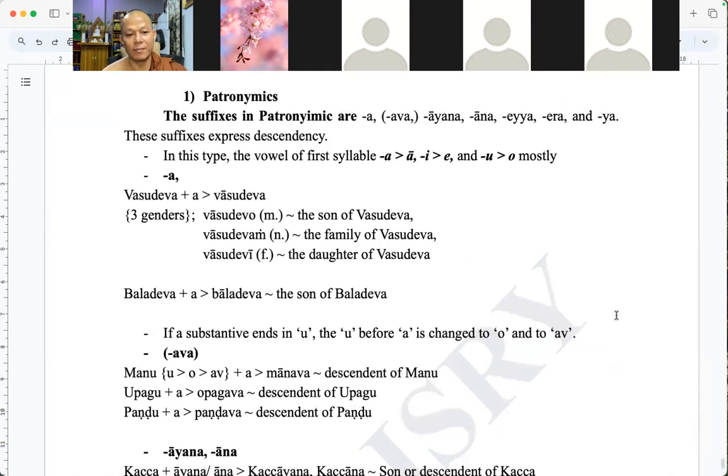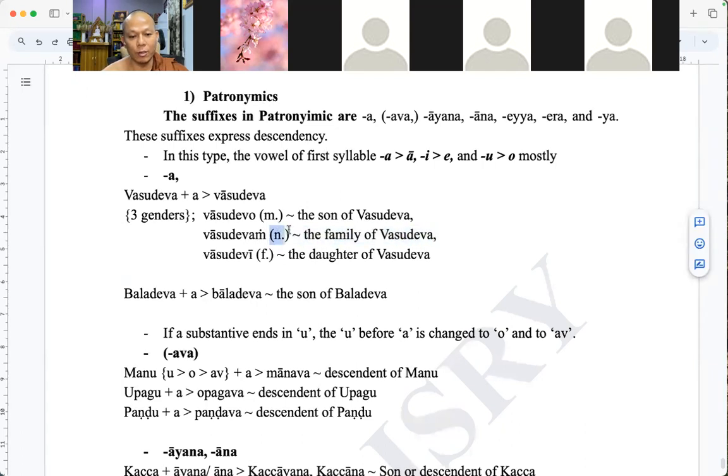For the first one with the R suffix, we will have 3 genders: the son, the family, or a daughter. Why the family, Bante? It is understood as the neuter gender.